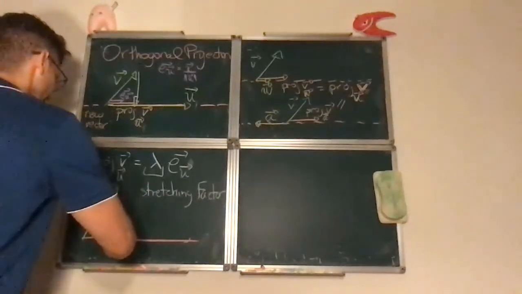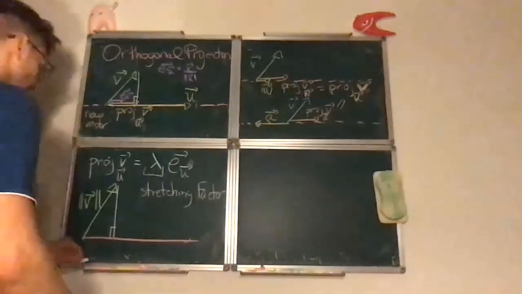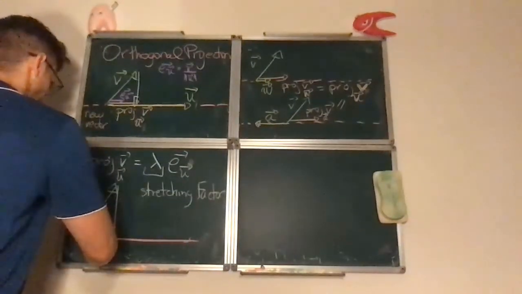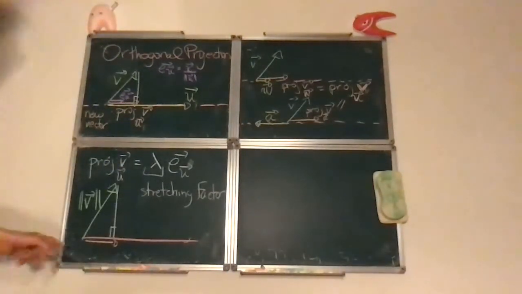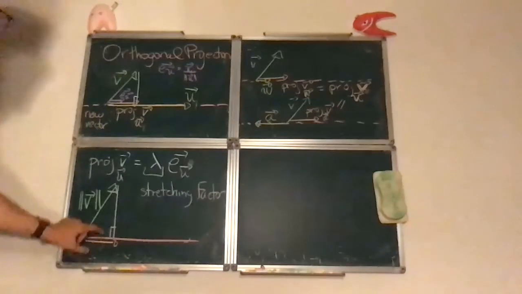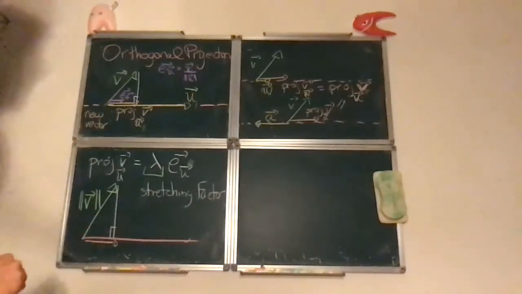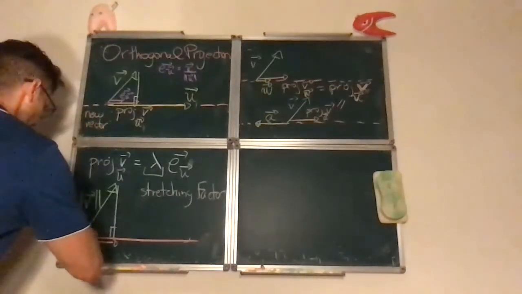You have this right angle, and then you have this side, which is the norm of the projection.